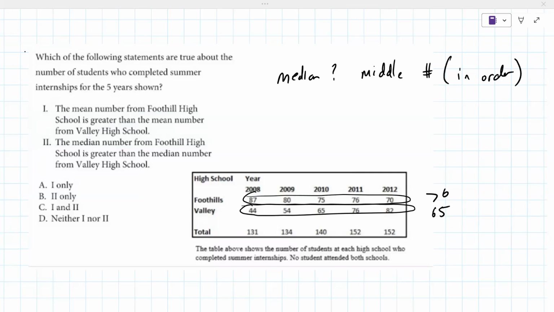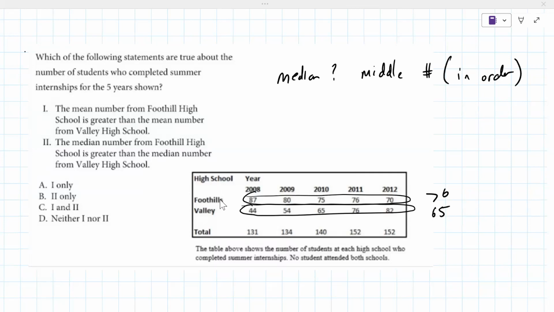B. So neither are correct. C. Both of them are. That's what I'm asking. So neither. So which are correct?